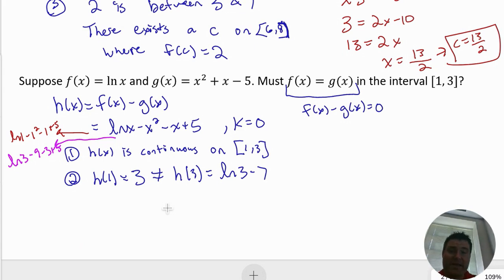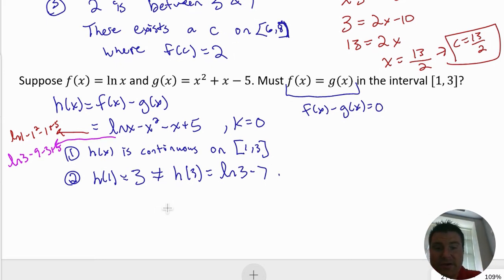I don't know much about ln, but I do know that ln of e is equal to 1. I know that ln of e squared is equal to 2, and e is about 2.7. So ln of 3 is going to be a number that is slightly bigger than 1. So 1 minus 7 definitely is negative. So we can agree that this is negative.